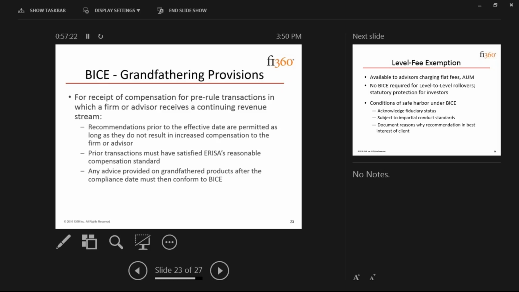All of those prior arrangements can continue even after the rule, even after April 10th of next year. Now they will be subject to ERISA's reasonable compensation standard, but you're going to be allowed to continue those until you do something to that account, and then once you do something to that account that changes things, you're going to need to comply with the new rule.